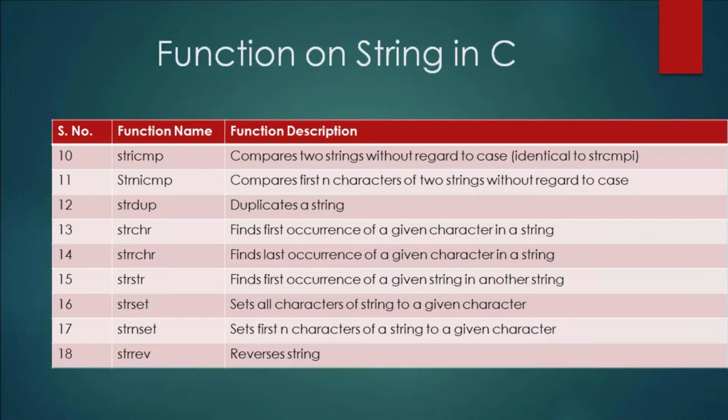Then strrchr finds the last occurrence of a given character in a string. strstr finds the first occurrence of the given string in another string. strset sets all characters of a string to a given character. strnset sets the first n characters of a string to a given character. strrev reverses the string. So now we will check out all these concepts practically.